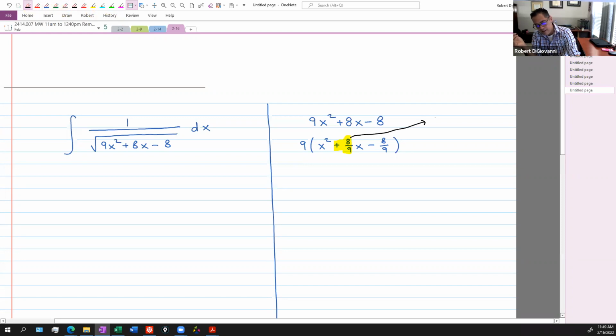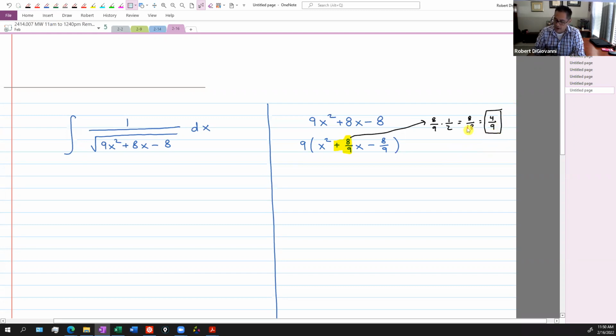So I take positive 8/9 and I multiply it by a half, and I get 8/18, which reduces to 4/9. So I get 4/9. And I always tell my students in college algebra, that's like our first magic number. Okay, we're gonna do something with this now.